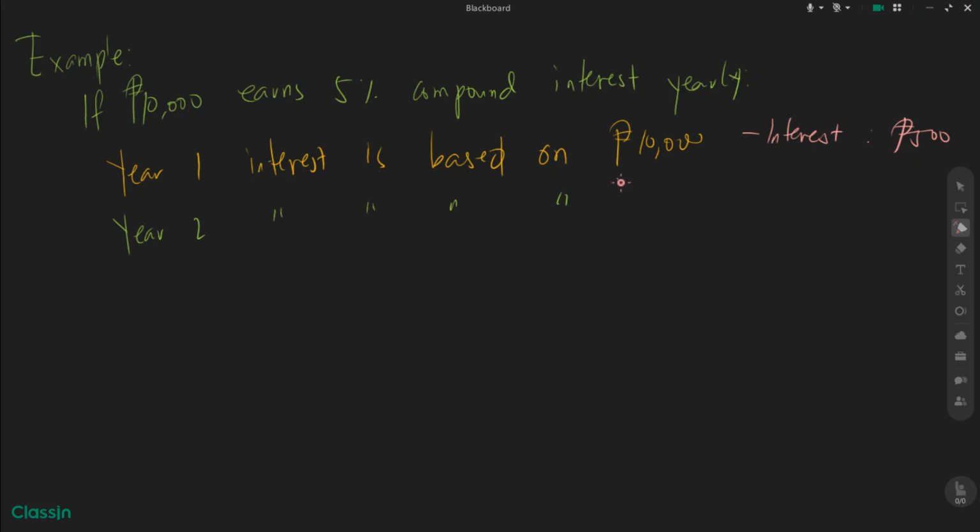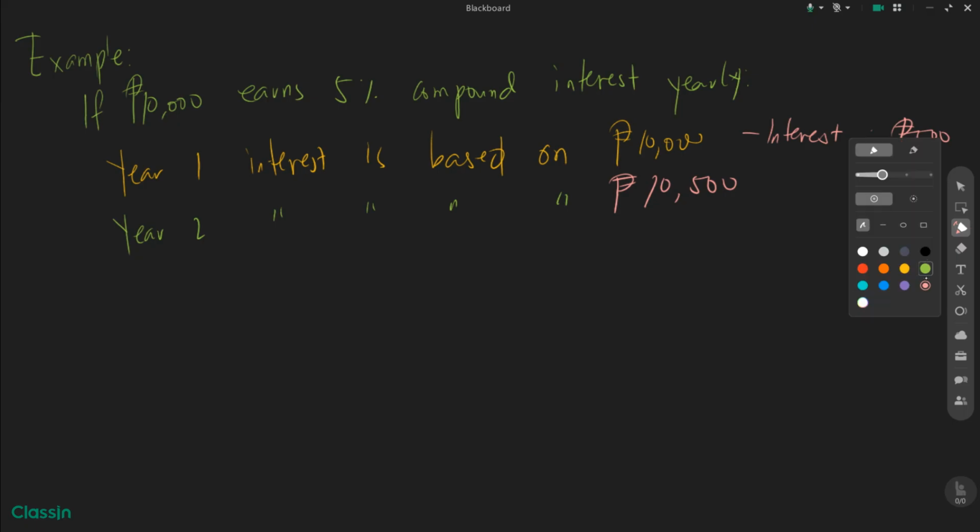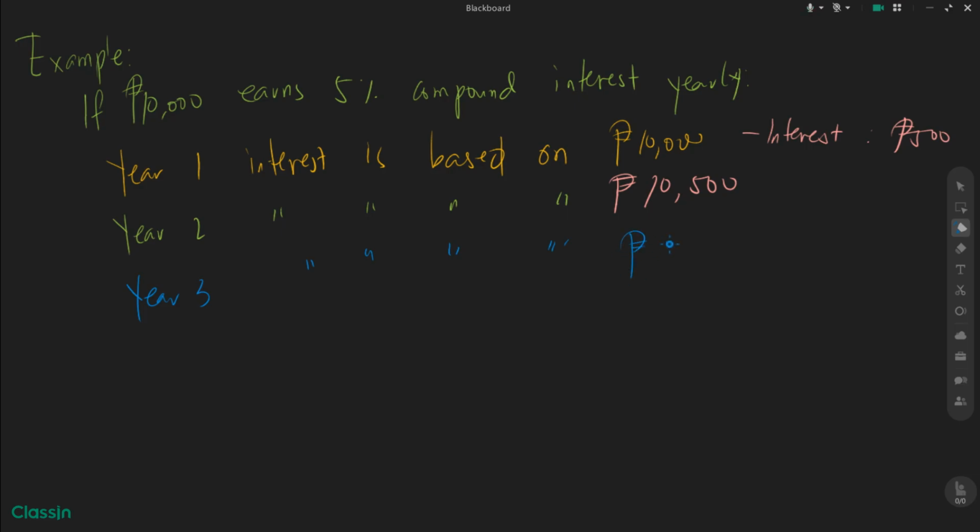So for year two, interest is based on 10,500 already. Why? Because you add 10,000 and then 500. And so for year three, interest is based on 11,025 and so on.